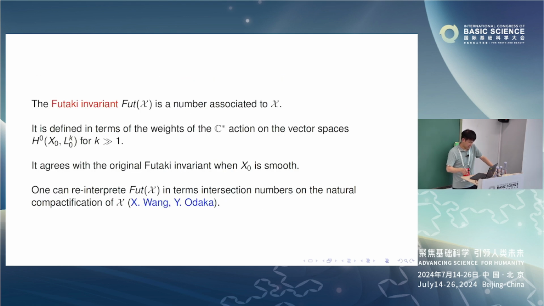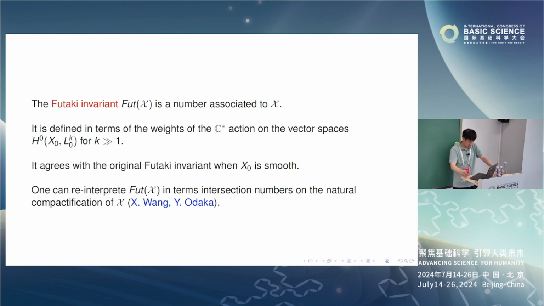Anyway, the point is that this is an algebro-geometric procedure, and the Futaki invariant is a number associated to this. It's defined in terms of some weights, but you don't need to know this. The point is that if the limit X0 is smooth, then because you are degenerating using this C star, there's a C star action on X0 and a holomorphic vector field on X0.